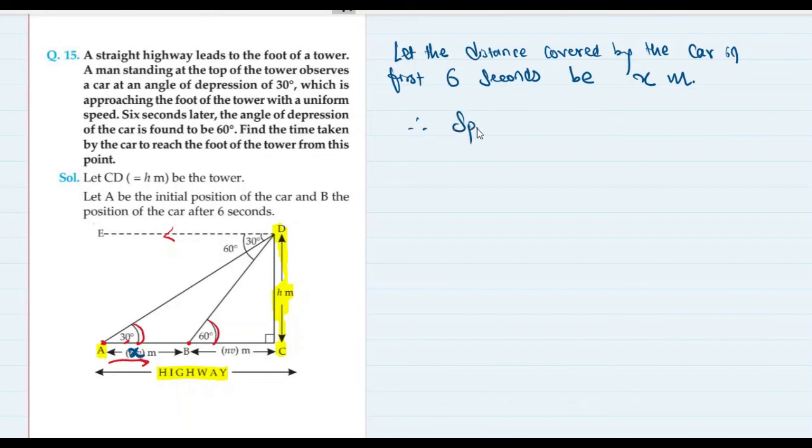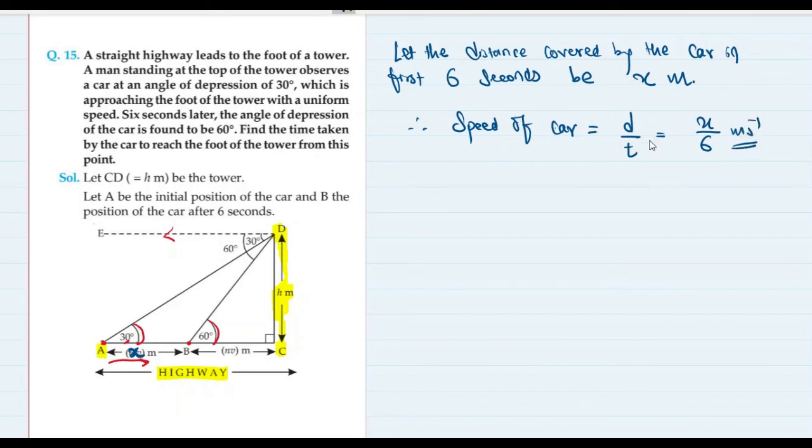Therefore, speed of car is equal to distance upon time. Distance is x, time is 6. x by 6 meter per second. See, the car has got uniform speed.